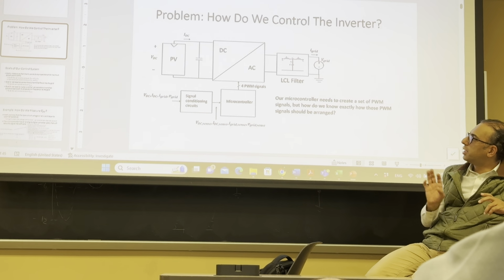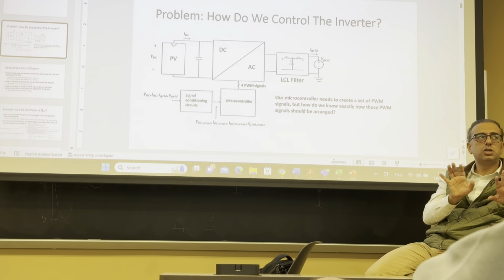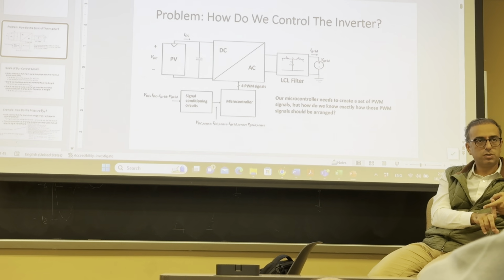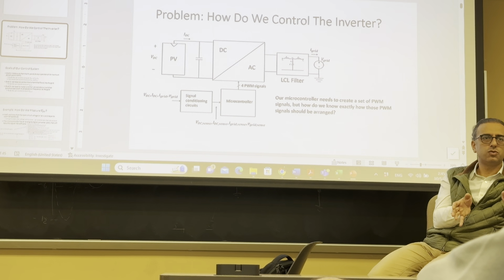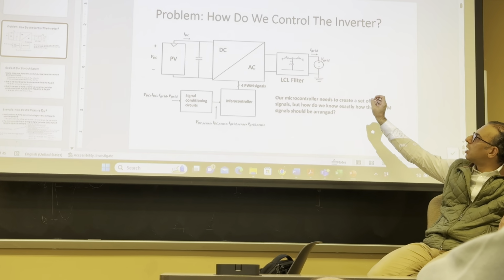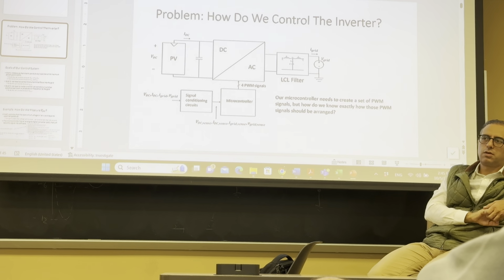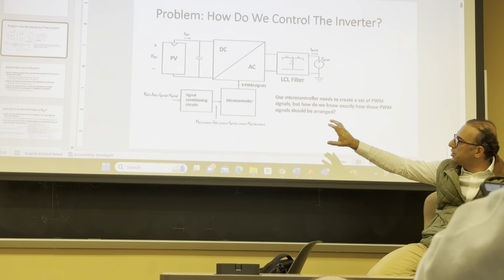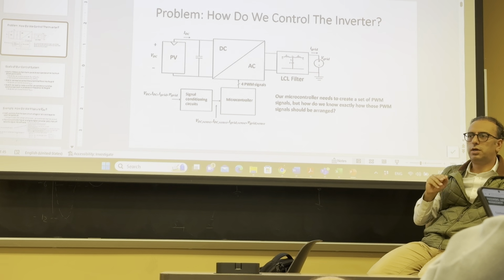So the conditioning circuit, in the simplest form, requires a DC link voltage or DC voltage measurement system, or DC voltage sensor, and an AC side current sensor. It should be interfaced to a microcontroller.